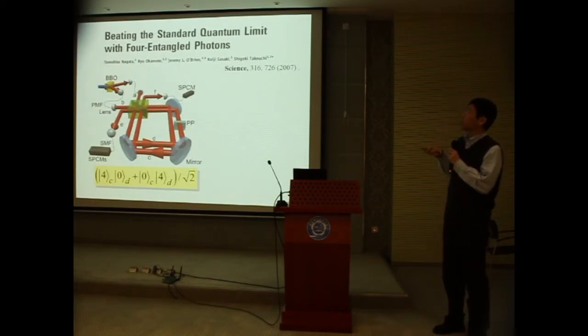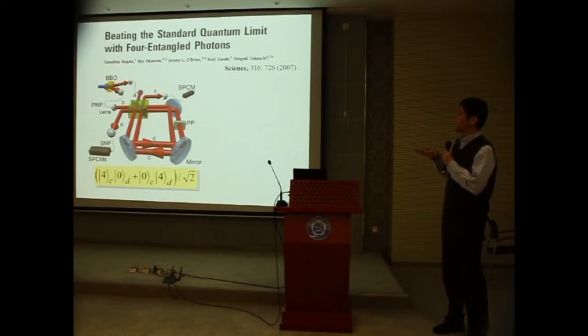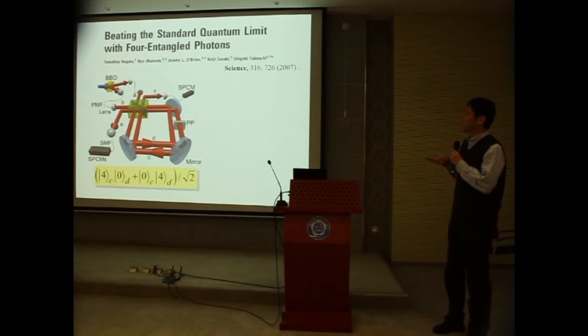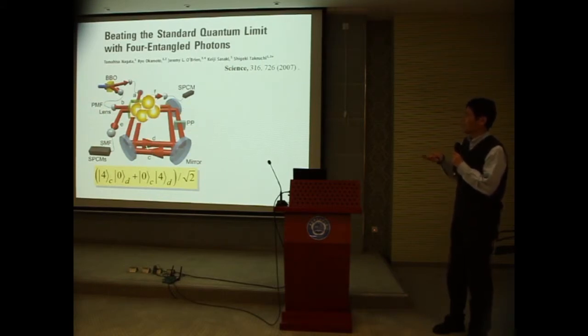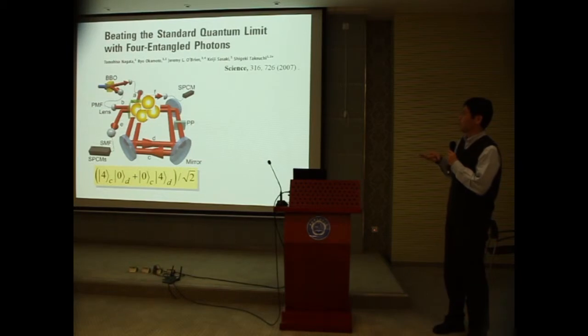And some years ago, we demonstrated four-photon interference experiments using this interferometer, and we generated, using post-selection, this sort of superposition state for the 4,0 state, and here this four-photon state is rotating like this, and rotating like this, and this is a superposition of these two possibilities.